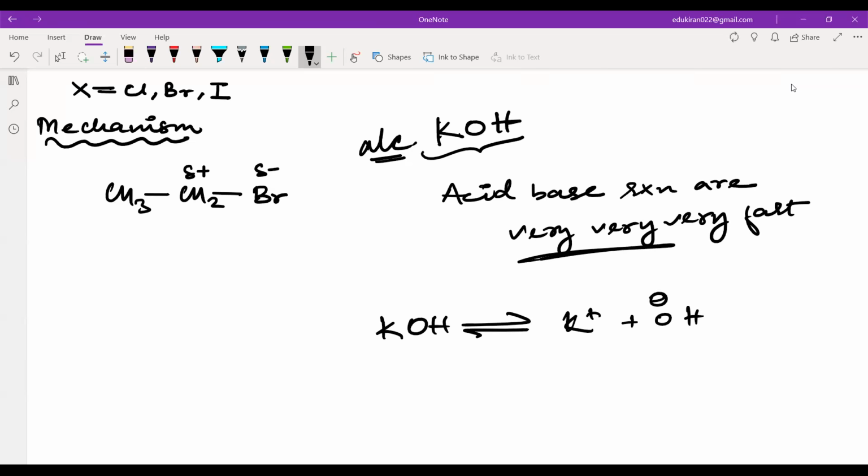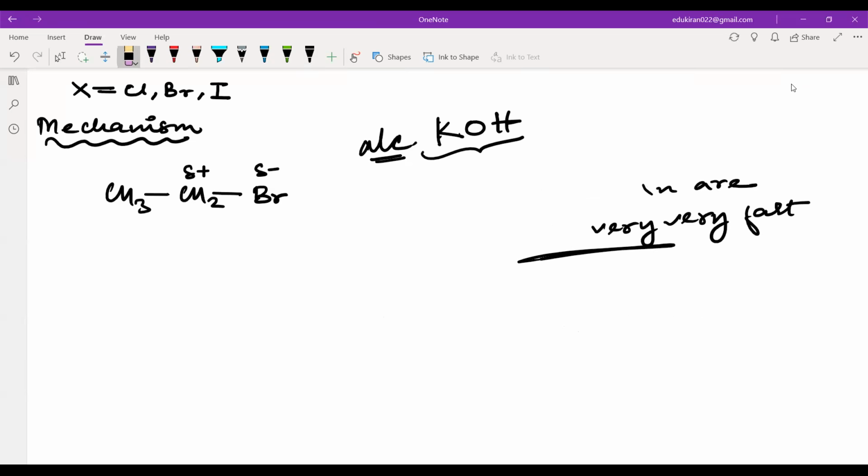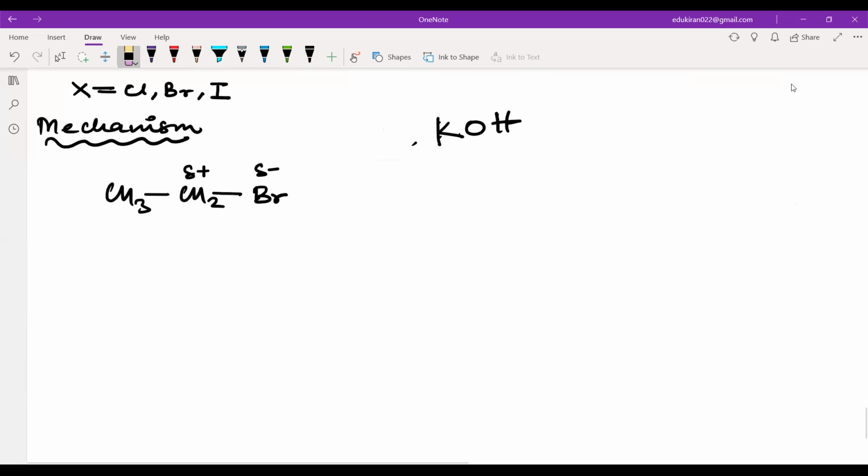This is not a weak acid, sorry, this is a strong base, KOH. Since KOH is a strong base, then what will happen? We will be having OH negative.